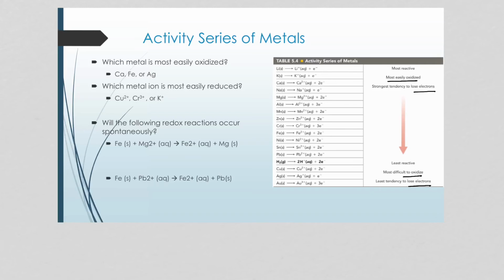So one way that we might think about them is, when we talk about metals up here, the metal ions are the stable form, meaning this oxidation reaction is favored.